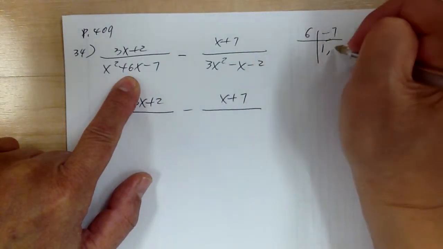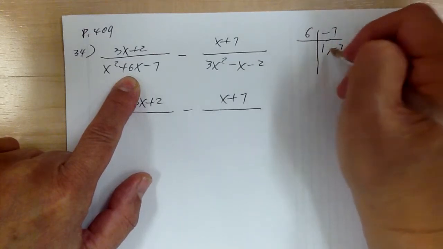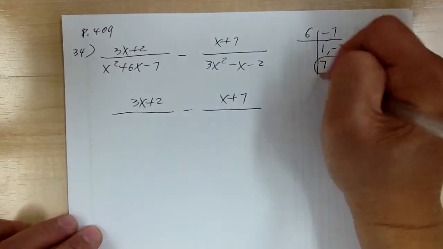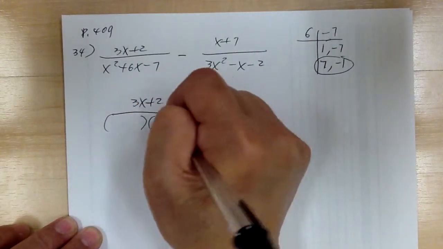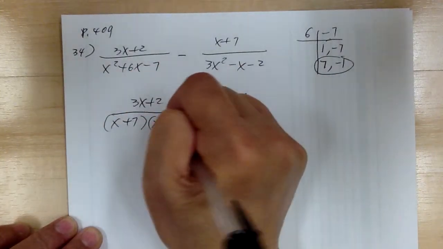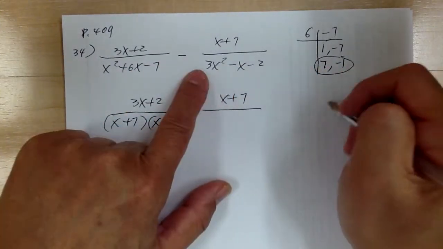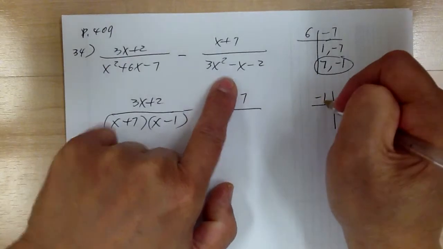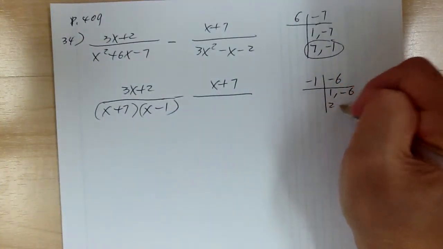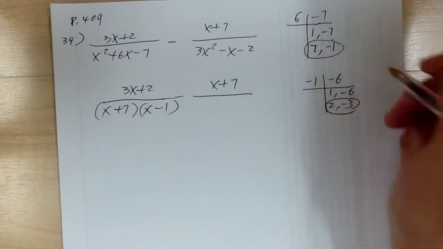Okay, so 1 comma negative 7. So from here you can see that the signs are reversed. So you need to get 7 comma negative 1. Okay. So it would be plus 7 minus 1. Okay, now this one over here, again, master product would be negative 1, negative 6. So 1 comma negative 6, 2 comma negative 3, and that's it.